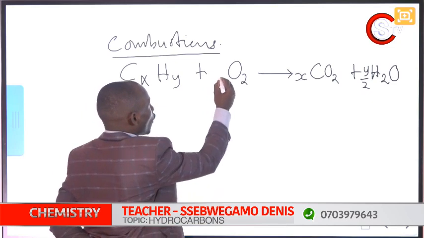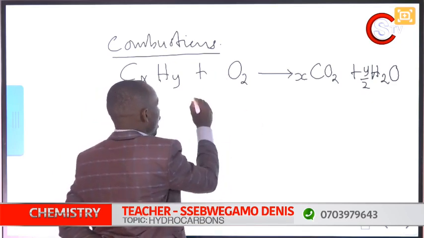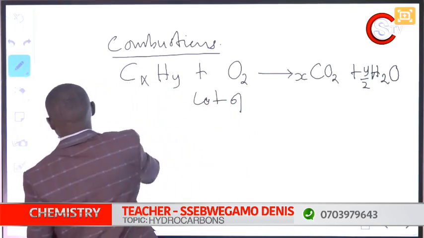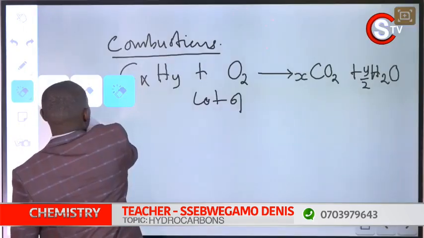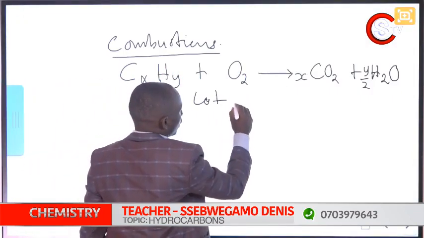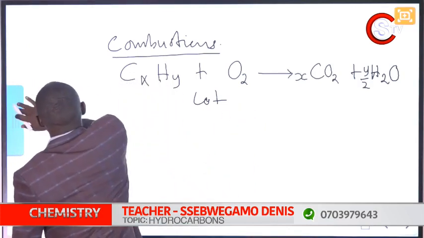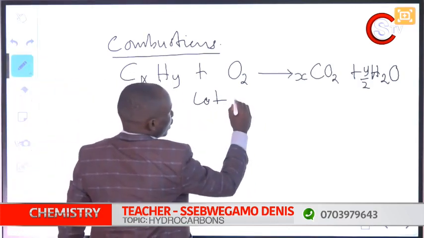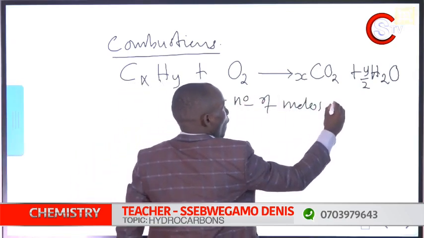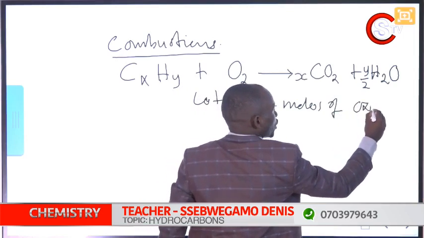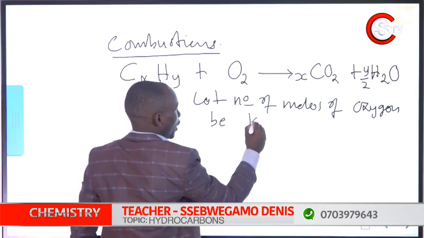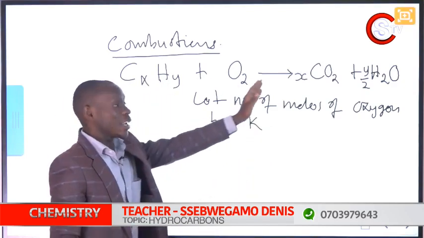Let the number of moles of oxygen be K. An equation is like an equal sign.